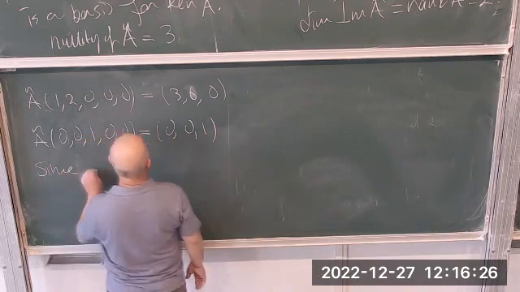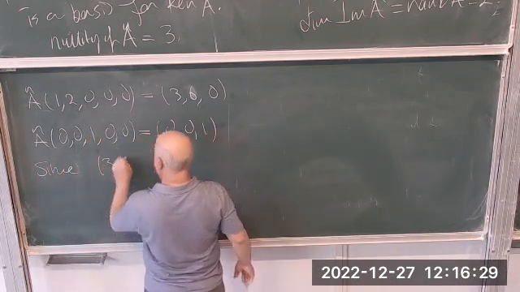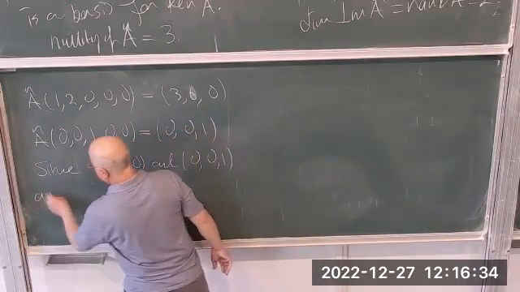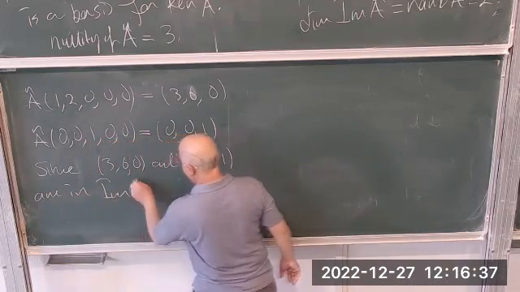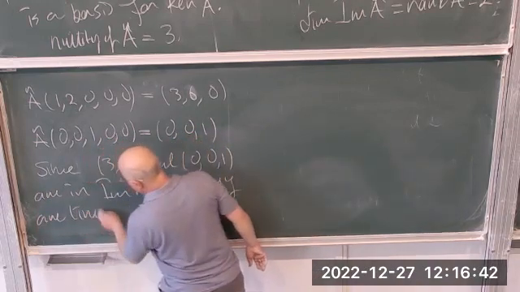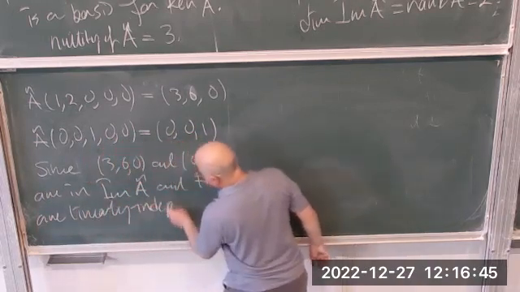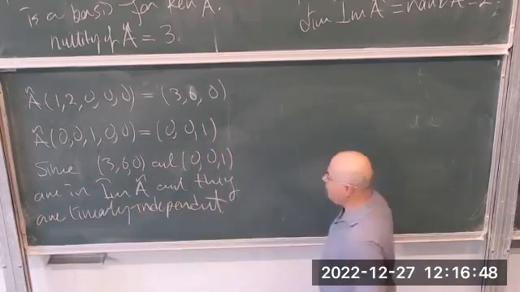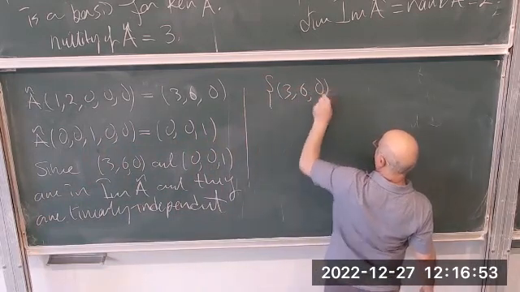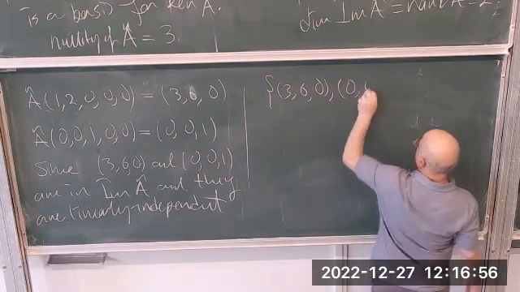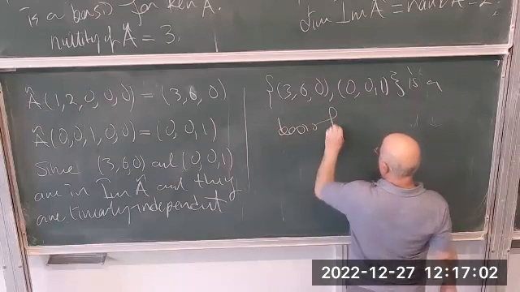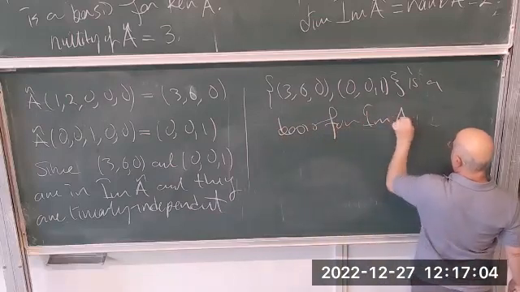Since they are in the image of A and they are linearly independent, this thing (3, 6, 0) and (0, 0, 1) is the basis for the image.